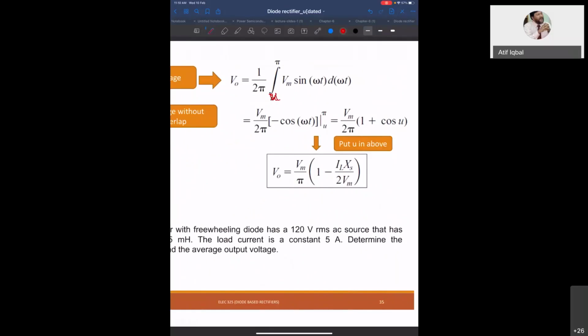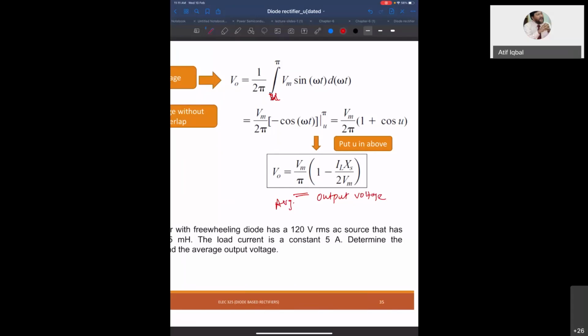Now when you put the value of u, you get the expression for the average output voltage.